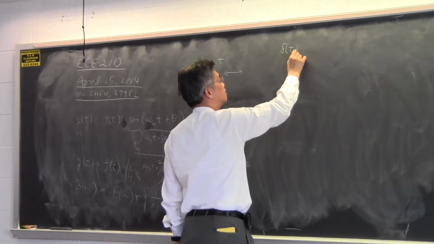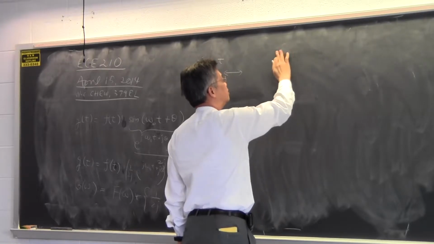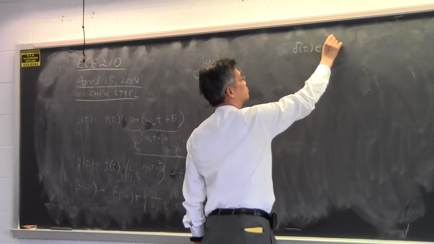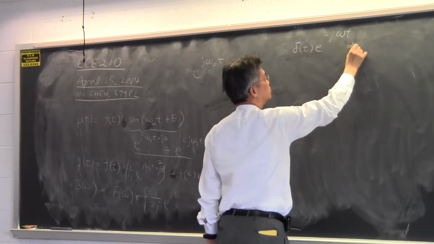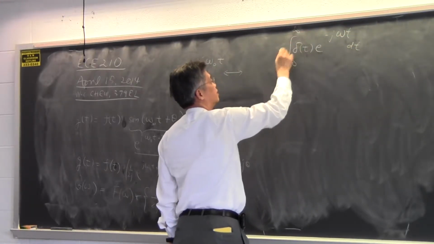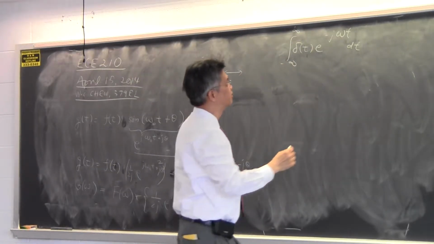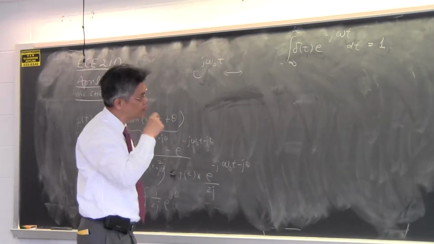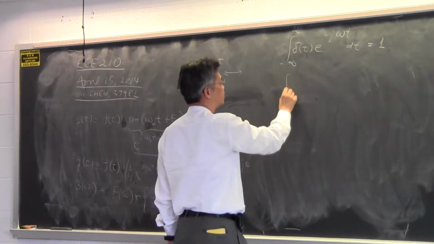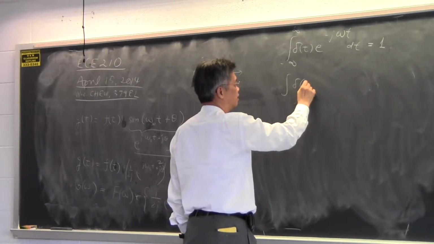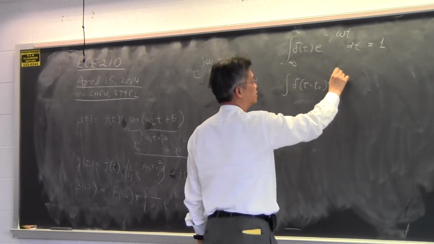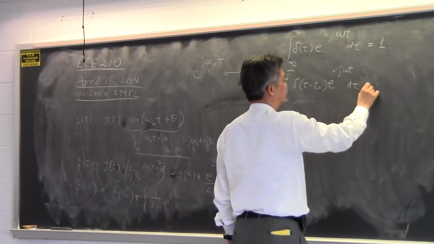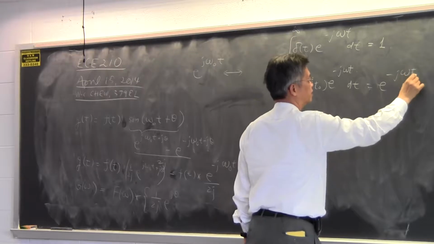Delta(t), if you were to find the Fourier transform of this, this would be the Fourier transform of a delta function, then it's just equal to 1. Right. So if you were to Fourier transform a delayed version of this one, then it goes to e to the minus j omega t naught.